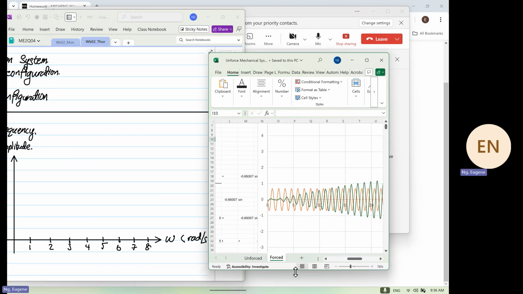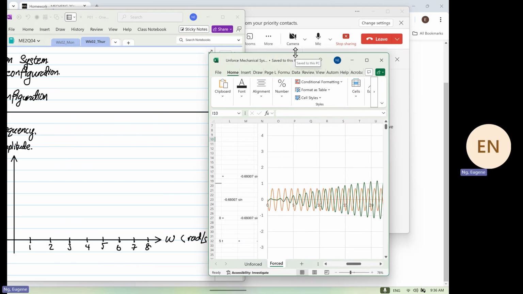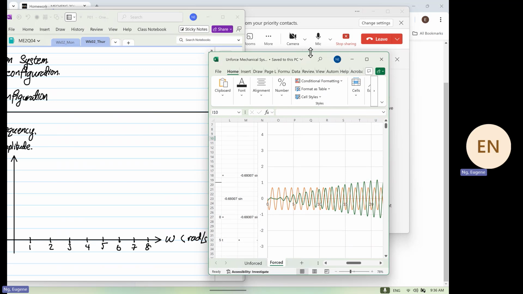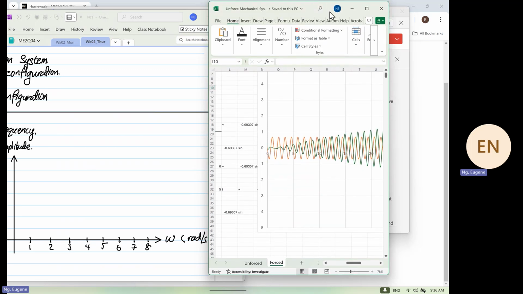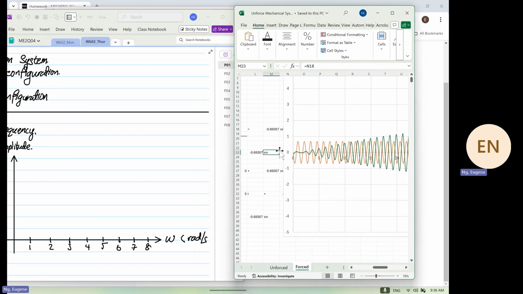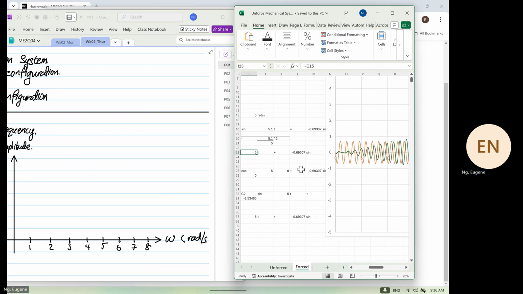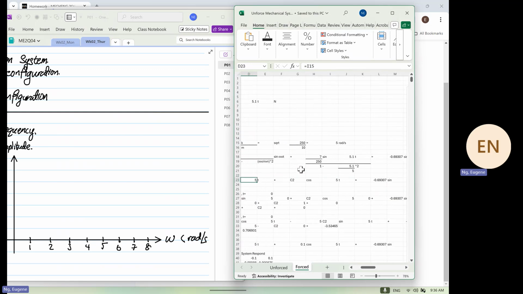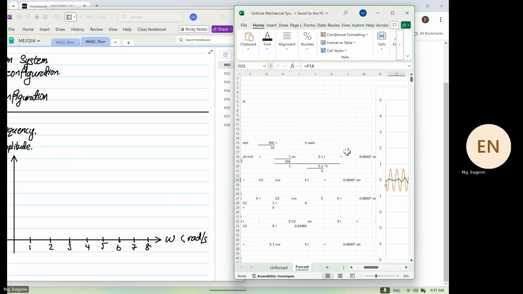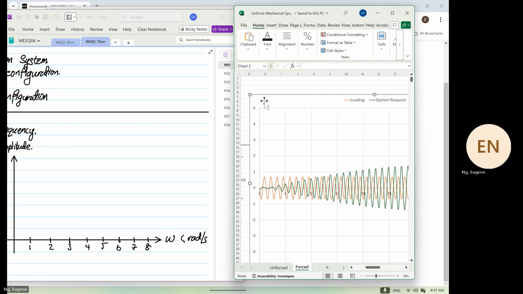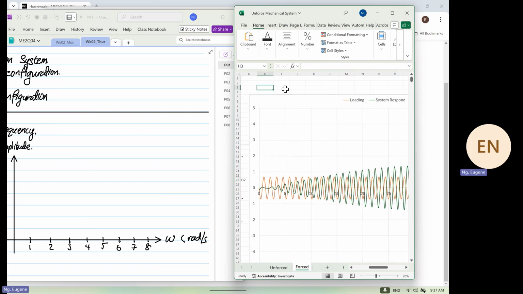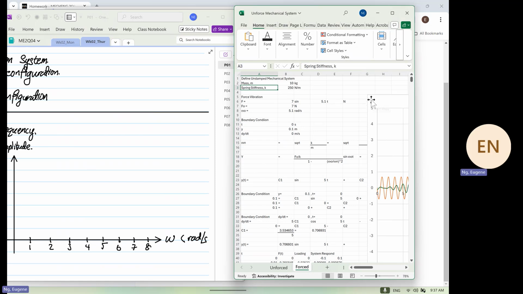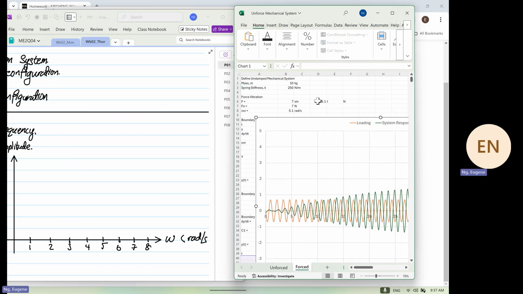Okay. The most important thing is I want you to see the graph. Okay. And I want to change some numbers. So we have seen this briefly before. Where's the number to change? The number to change is here.